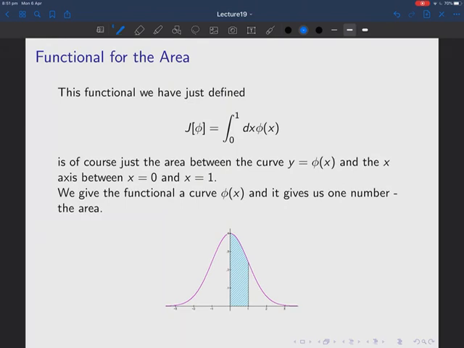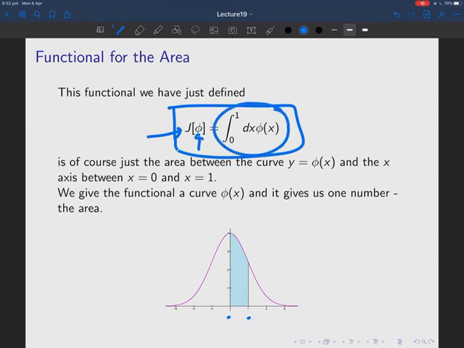And you're actually quite familiar with this. So, for instance, the functional for the area under a curve. You want to find the area under a curve between 0 and 1, and this is the functional you define for the function phi. So the functional is J. You put any function into that. Here's our input, and the output is that.